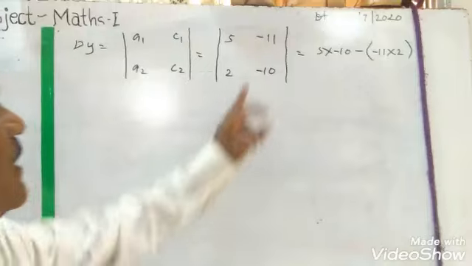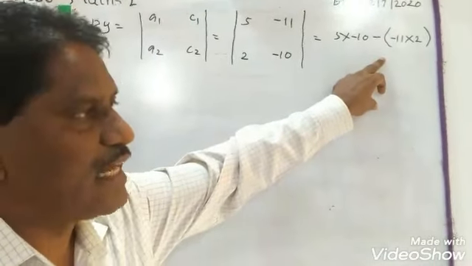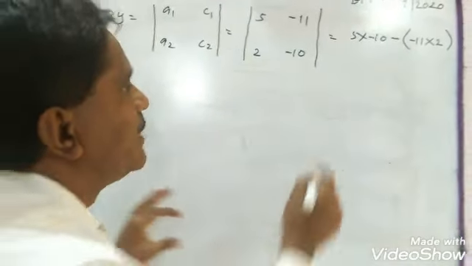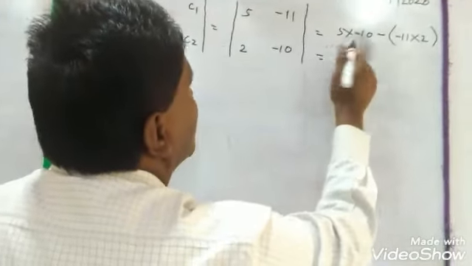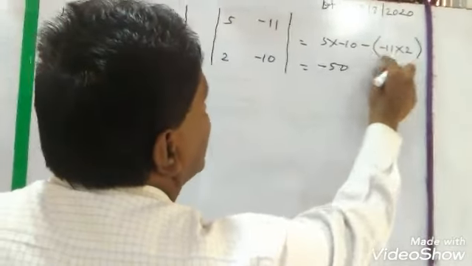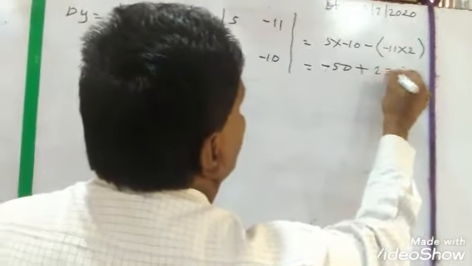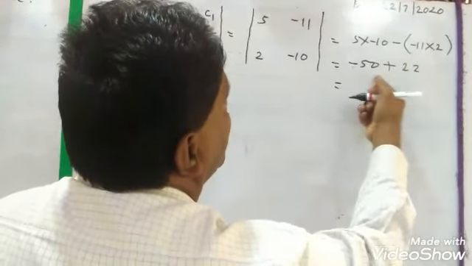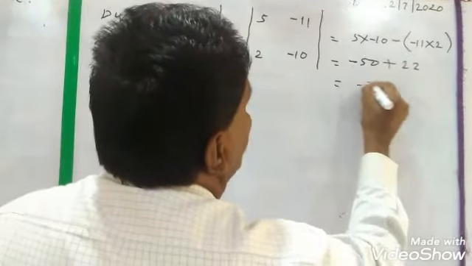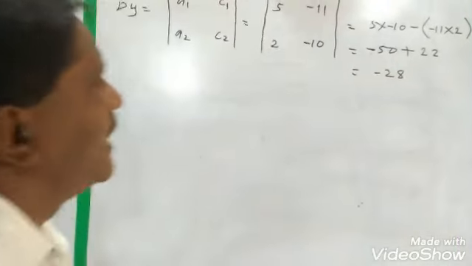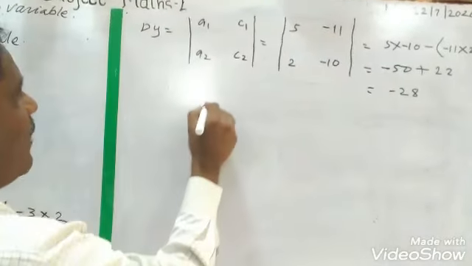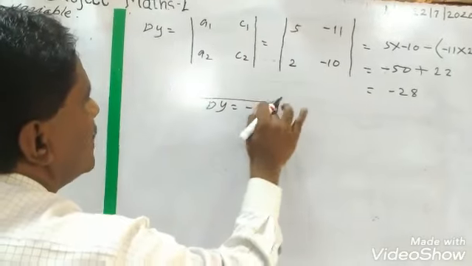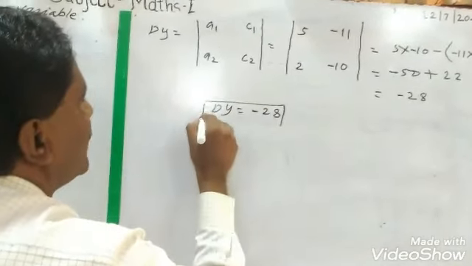Always remember that the term after a minus sign should be put in brackets. So minus 50 plus 22, which is minus 28. So the value of Dy is equal to minus 28.